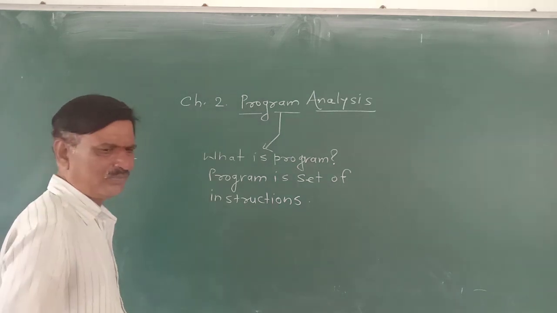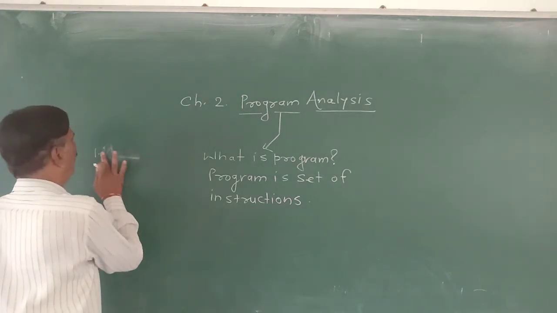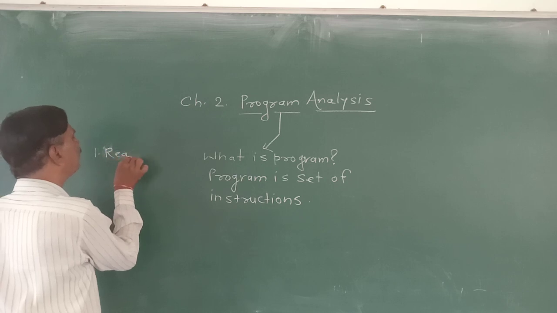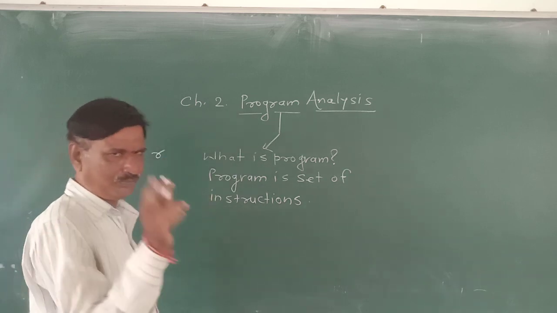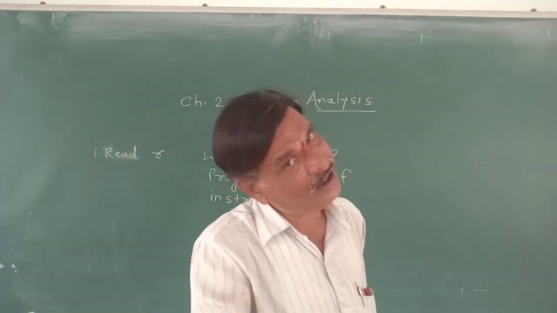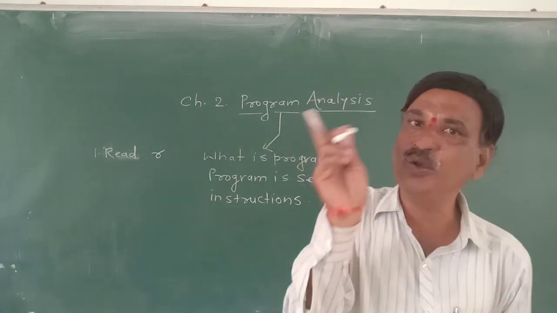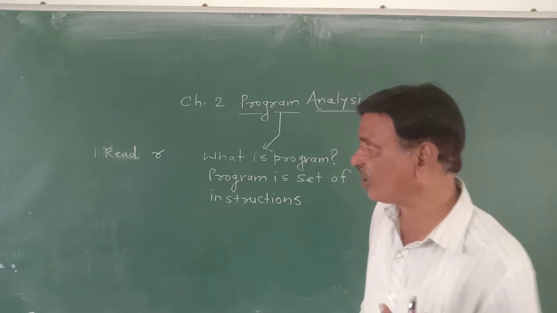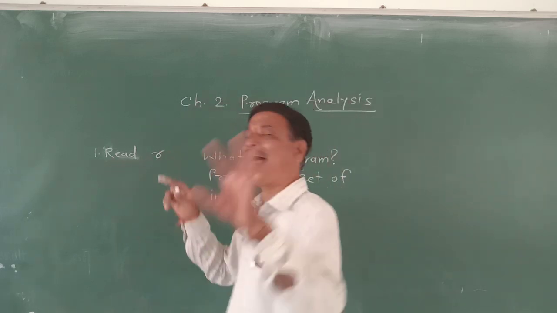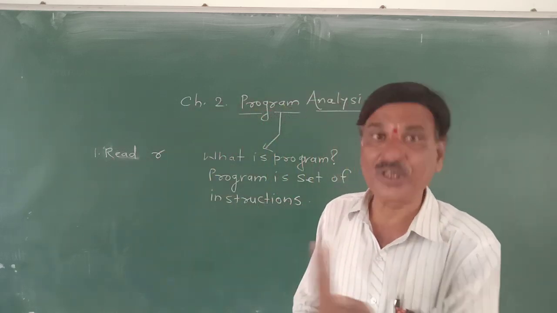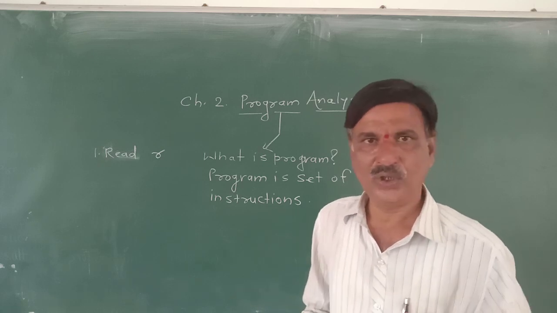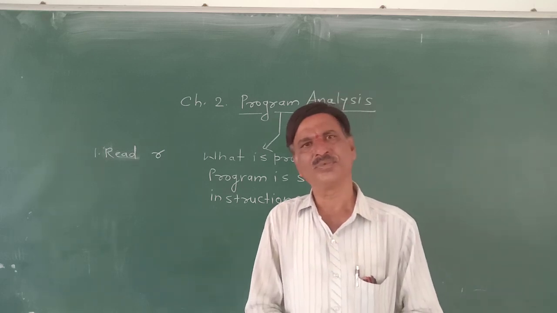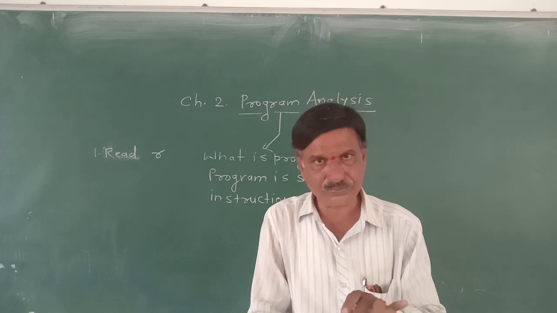Read R. To whom are we instructing? We are instructing the computer. What are we instructing? We are instructing the computer to read R from the keyboard. So the keyboard is there, from which we will input the value.